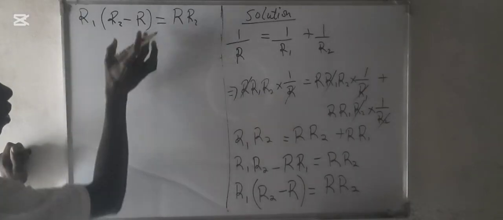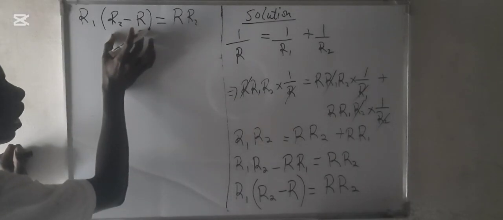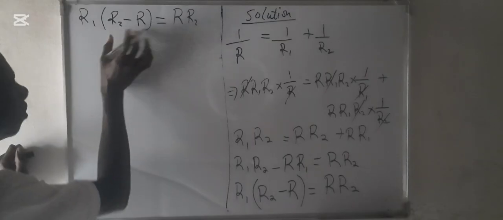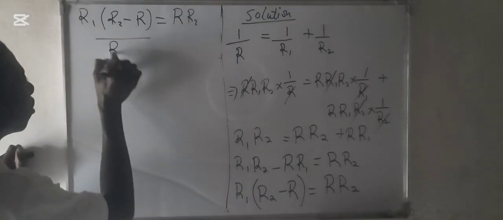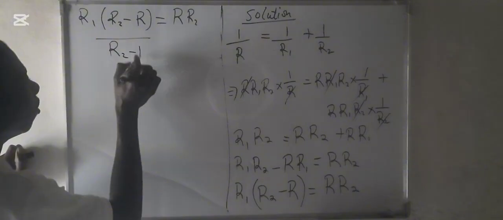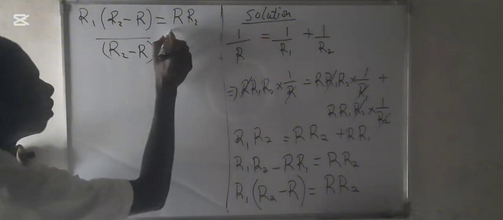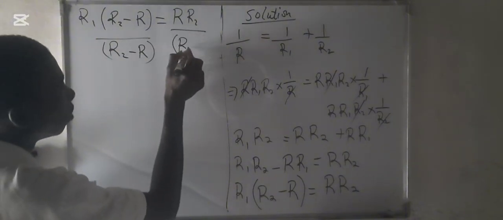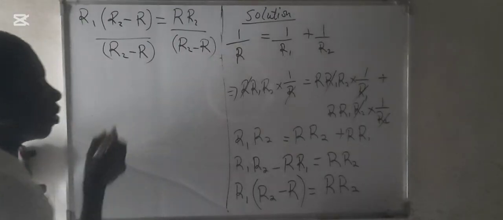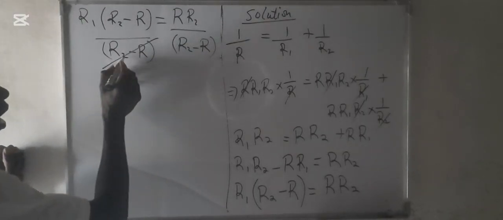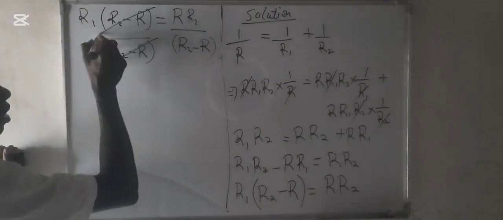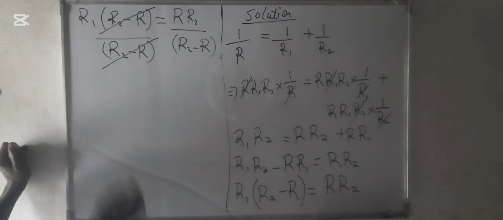So now we divide everything by R2 minus R. Here also R2 minus R, so this R2 minus R can cancel this R2 minus R.